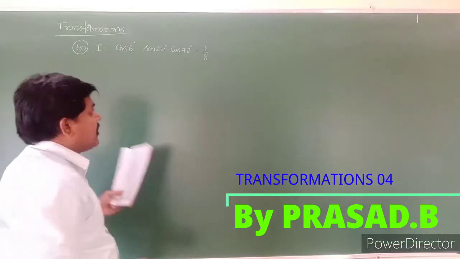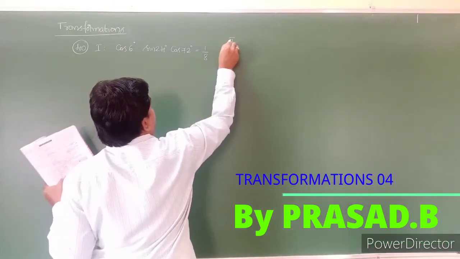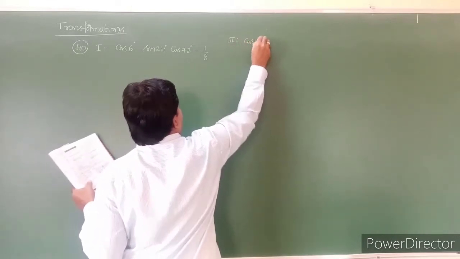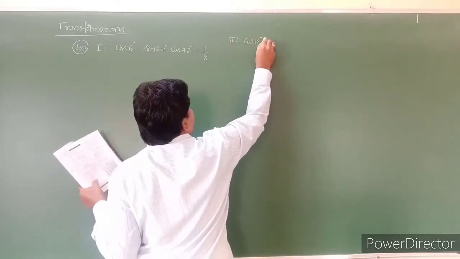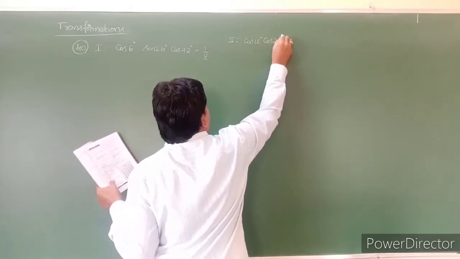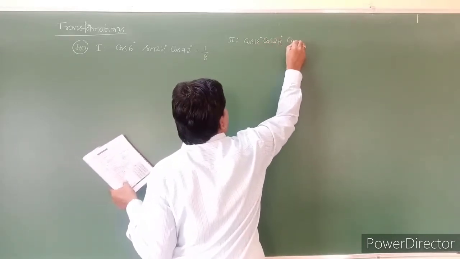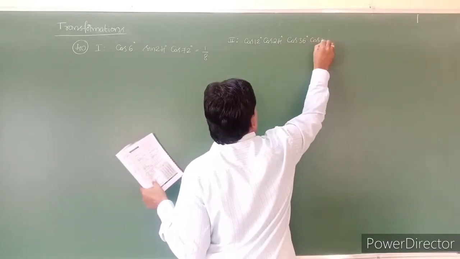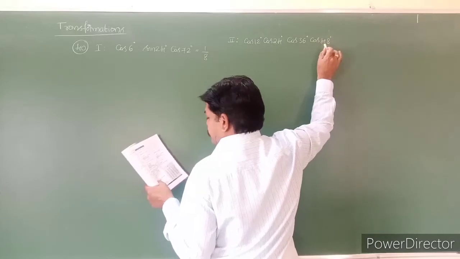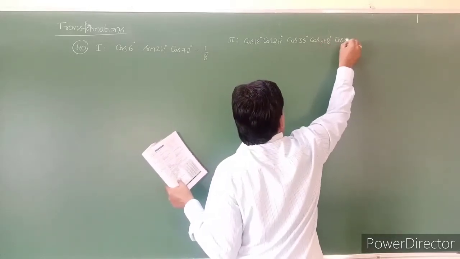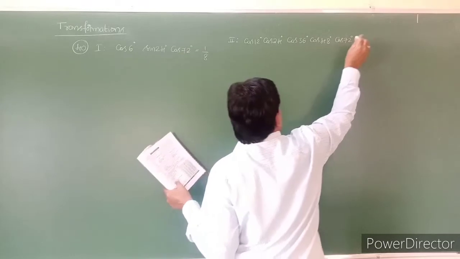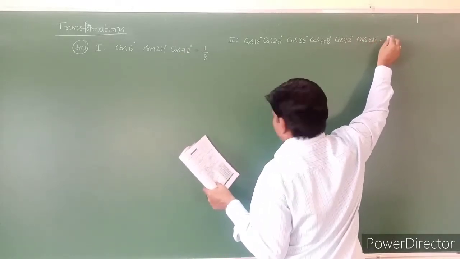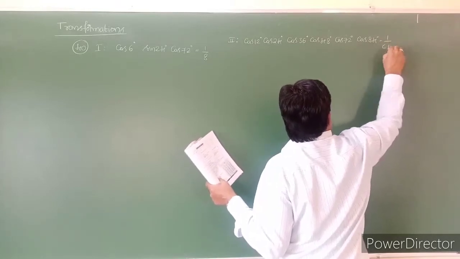And the second statement is cos 12 degrees cos 24 degrees cos 36 cos 48 cos 72 degrees cos 84 degrees is equal to 1 by 64.